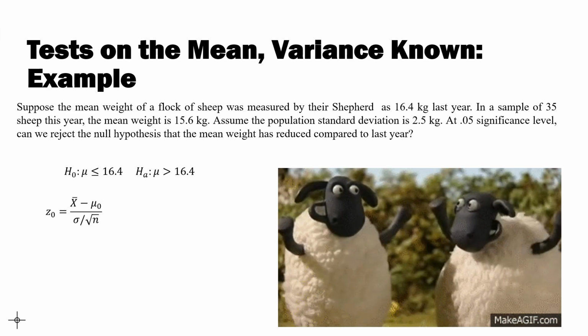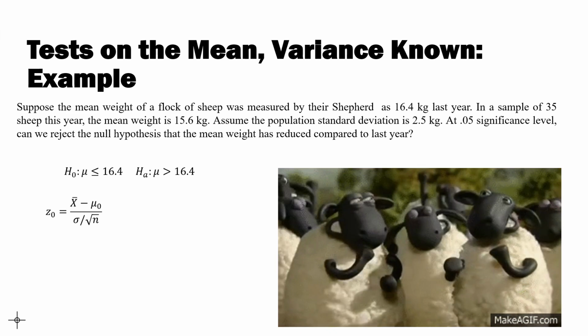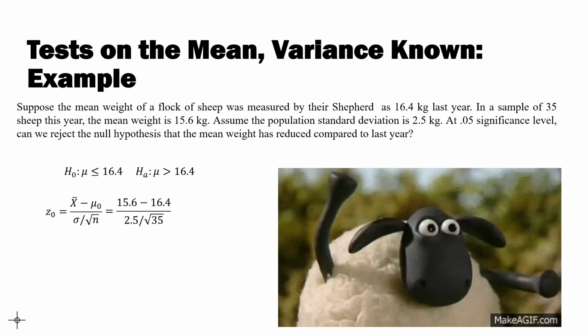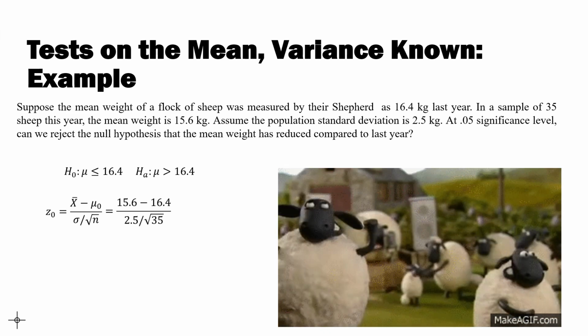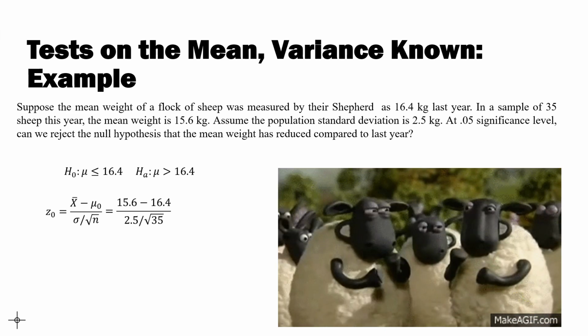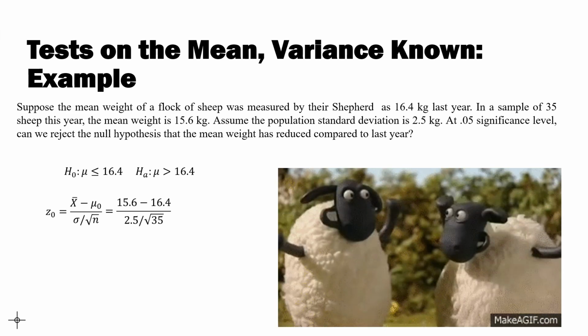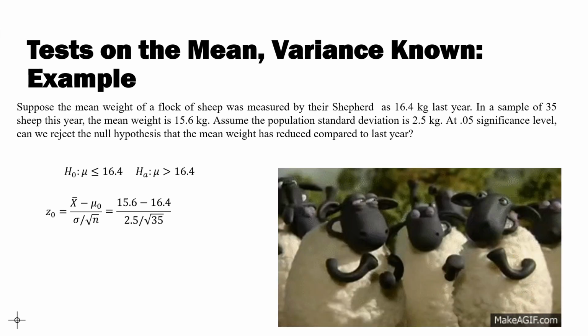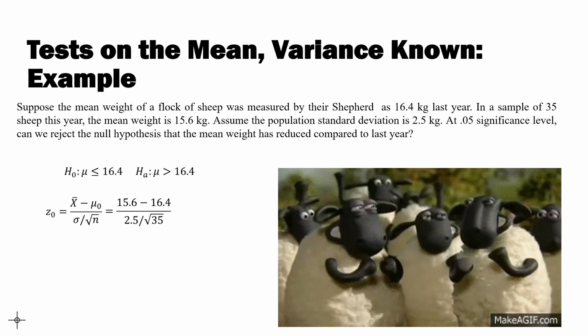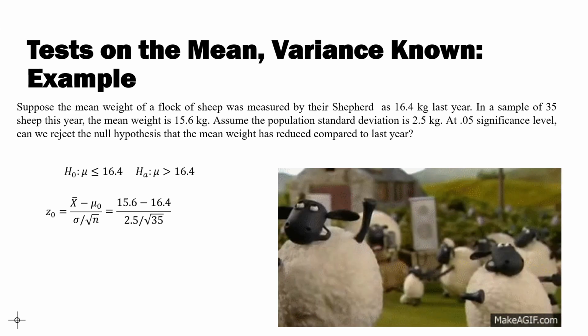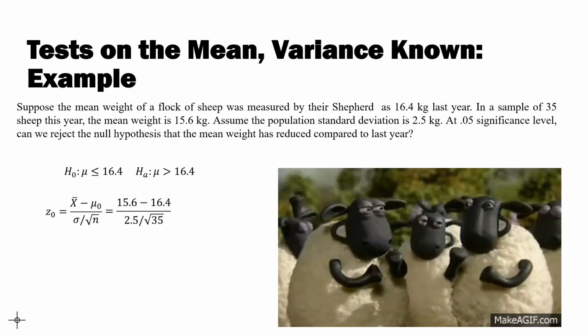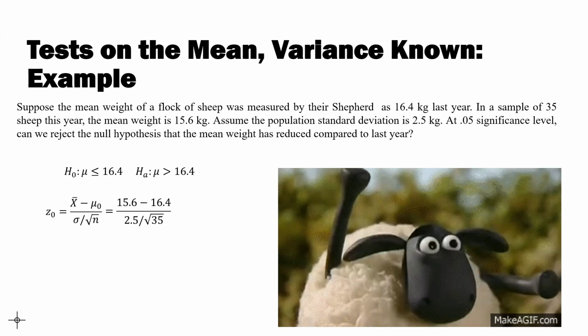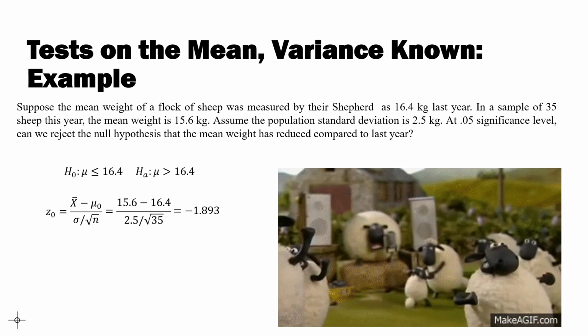We can find the value of our z-test statistic by plugging in the values of x bar, the sample mean, mu0, the hypothesized value of population mean, sigma, population standard deviation, and n, the sample size, as 15.6, 16.4, 2.5, and 35, respectively, which is minus 1.893.